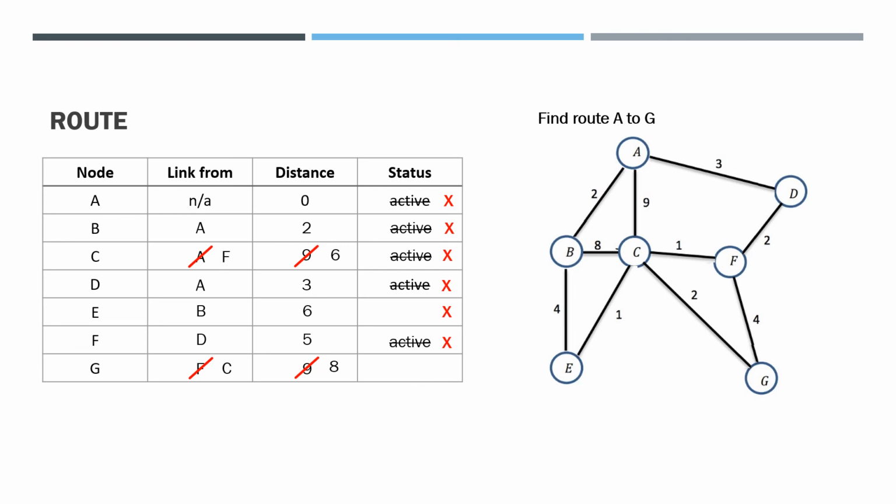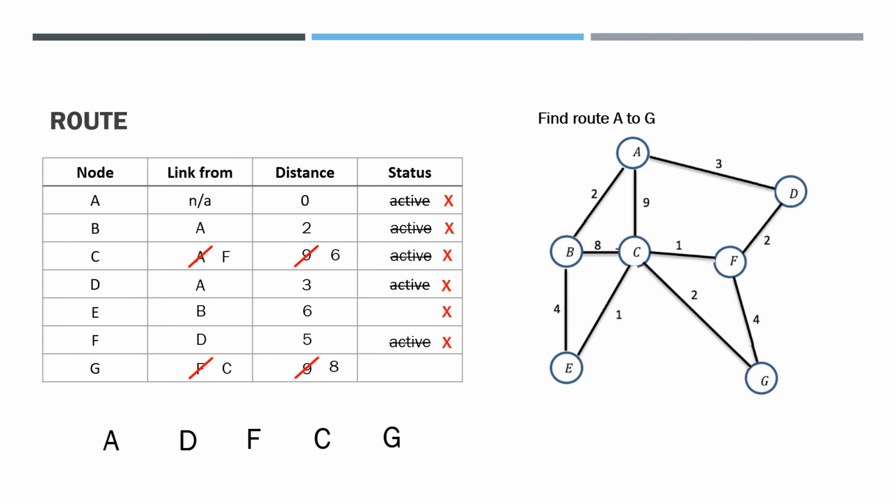Let's think about how we work out that route. Now we've completed the table. We get to G from, look at the table, bottom row of the table, we get to G from C. Looking at row C, we get to C from F. We get to F from D, and we get to D from A, which was our start node.